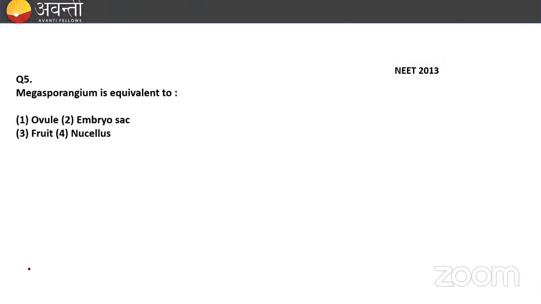Moving to next, question number 5 says megasporangium is equivalent to. This question came in NEET 2013 and the options are option number 1 is ovule, option number 2 is embryo sac, option number 3 is fruit, and option number 4 is nucellus.